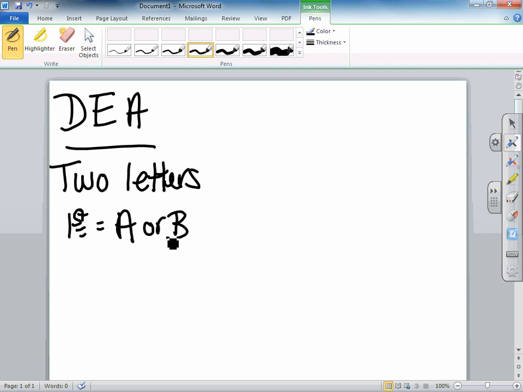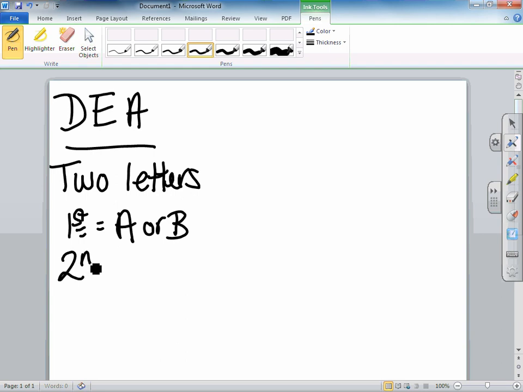So for instance, A and B identifies if it's a gynecologist, a surgeon, an MD, whatever the case may be. Those are high level practitioner physicians. So an A and B is very important. Now, nurse practitioners get a DEA number, but their first letter is not an A or a B. Their first letter is an M. Right now, you guys are only going to be learning about the first letter being an A or B.